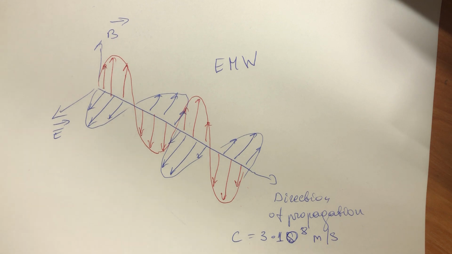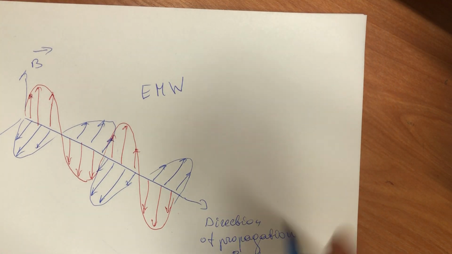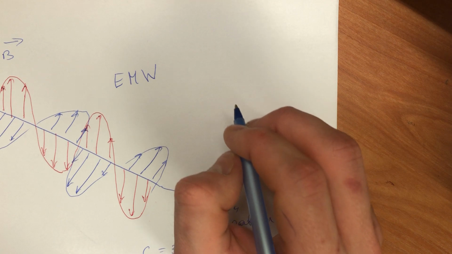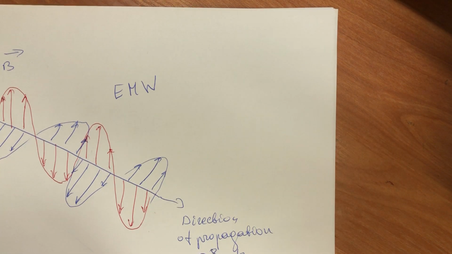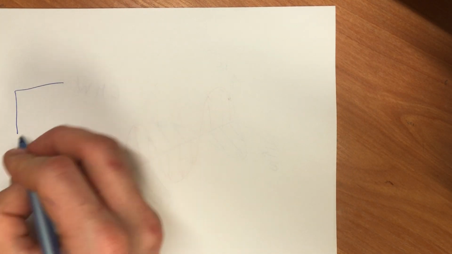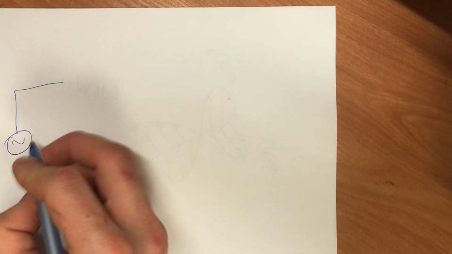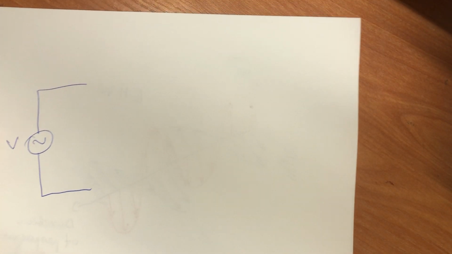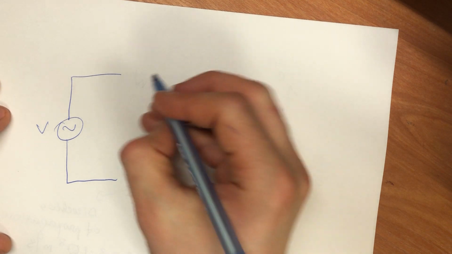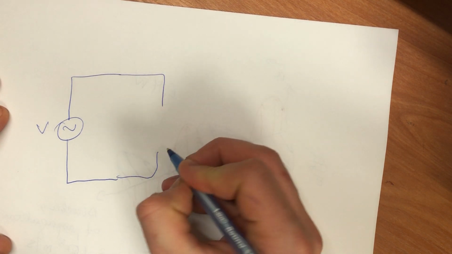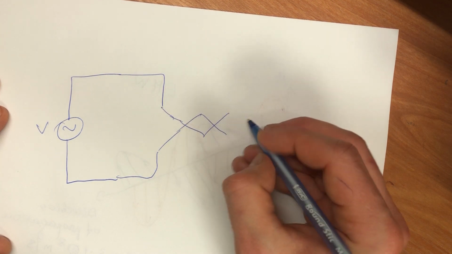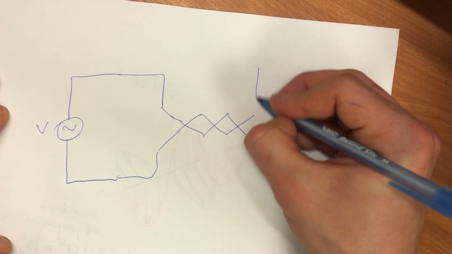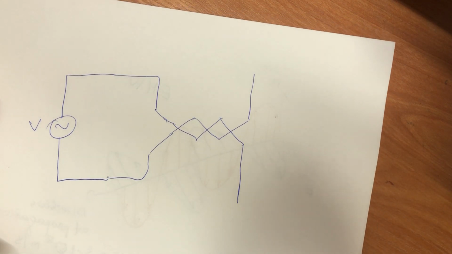And these electromagnetic waves can be created by antennas. Simply, if we have changing voltage, alternating current, we make some kind of circuit that looks like this, and this is called the antenna.